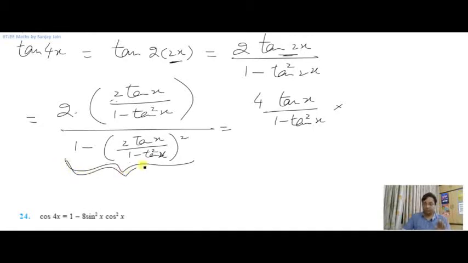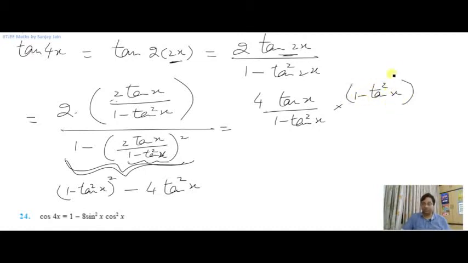Or if you just solve the denominator here, what I can do is I can bring it here. (1 minus tan square x) whole squared here minus 4 tan square x, and then this term will be in the denominator, which will come in the numerator when I solve it. So I can write it here, (1 minus tan square x) whole square, and then divided by this term here, and let me solve and write it here.